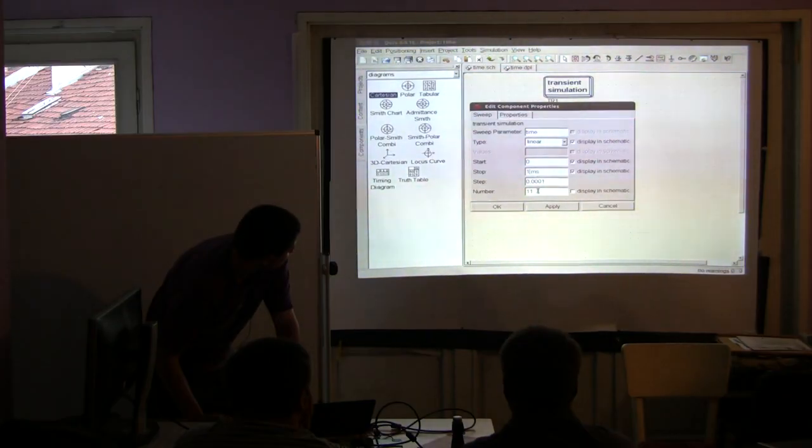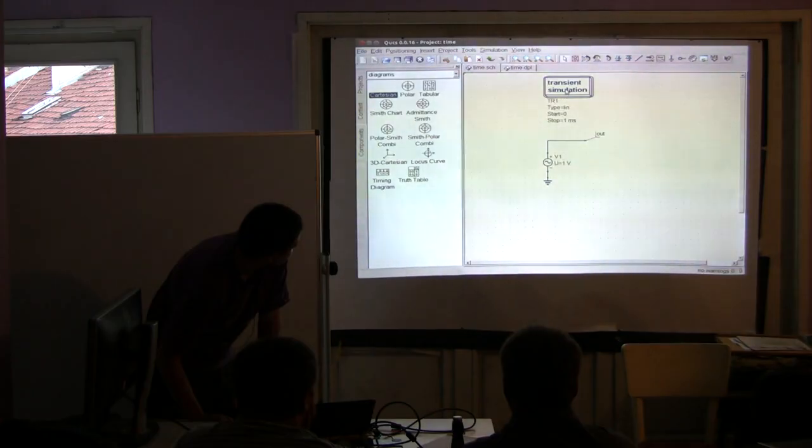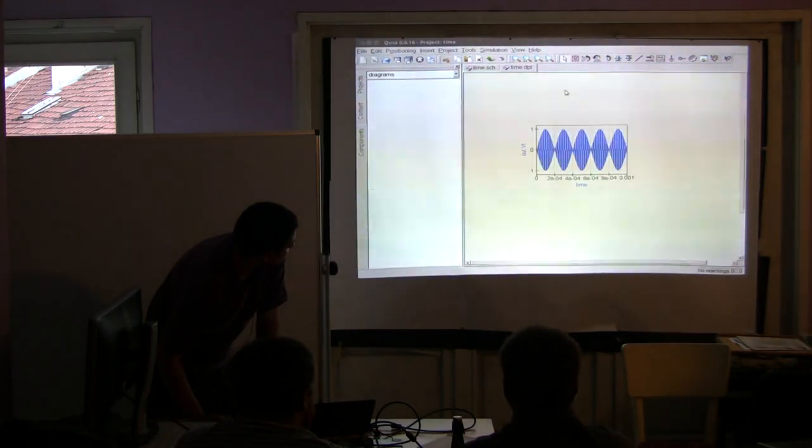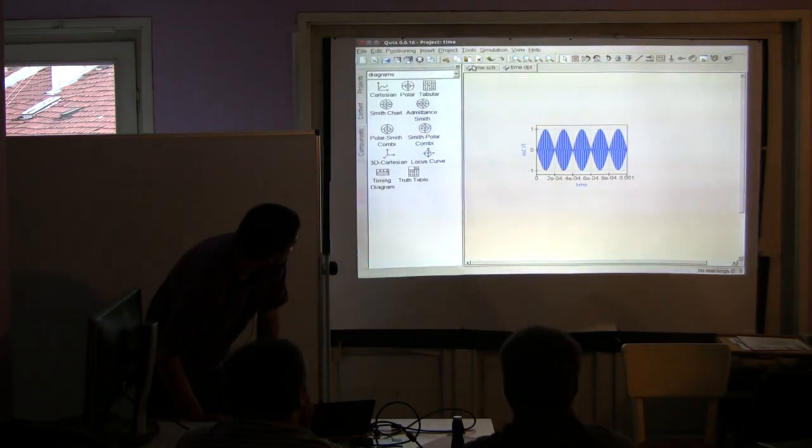We have too small an amount of points, so I'll place here 400 for example, and we'll simulate just 1 millisecond of this voltage source. So if you see here, we have a periodic signal with an amplitude that is some kind of oscillating. Why is this?